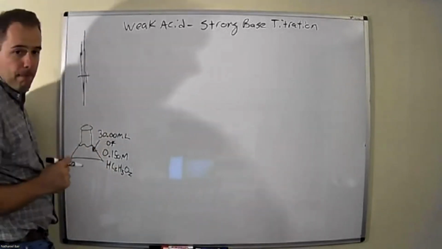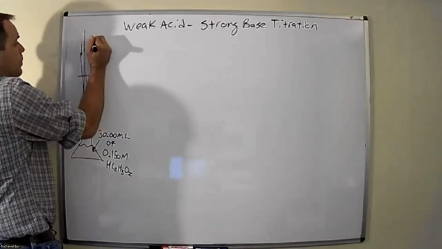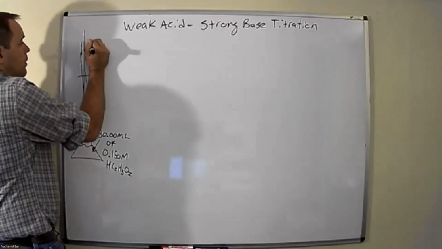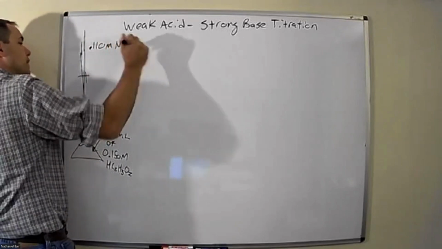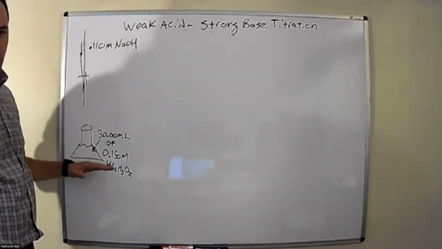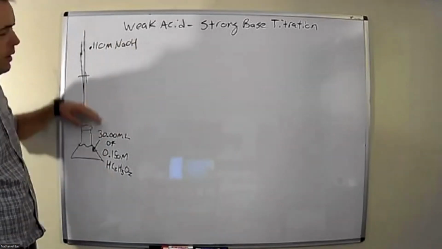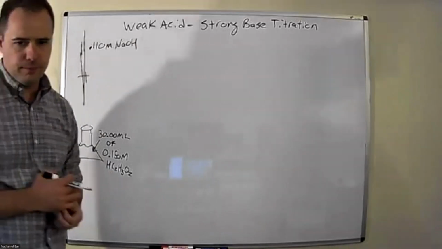So there's our burette. Let's titrate this with 0.110 molar sodium hydroxide. So that's what's in the burette. We are titrating 30 milliliters of a 0.15 molar acetic acid solution with 0.110 molar sodium hydroxide.